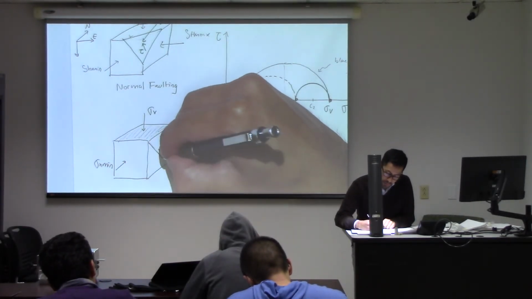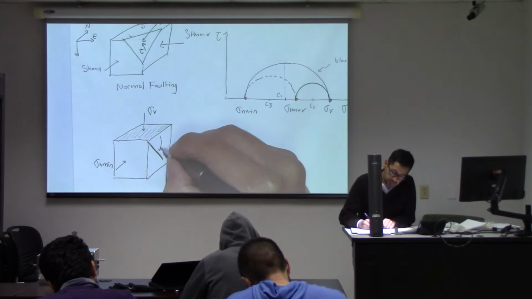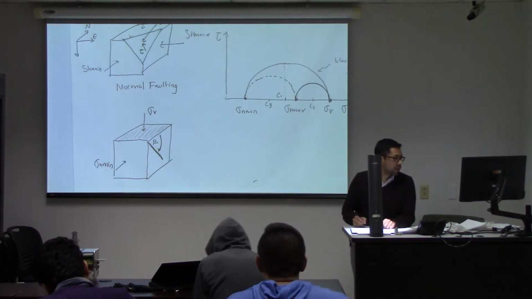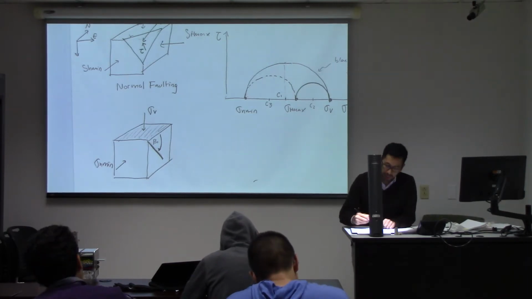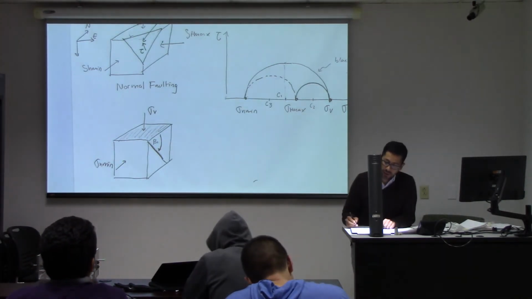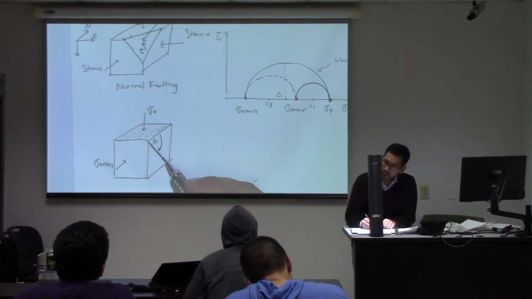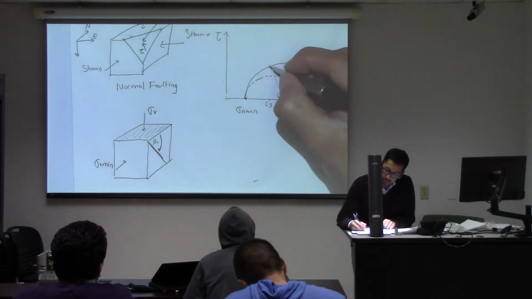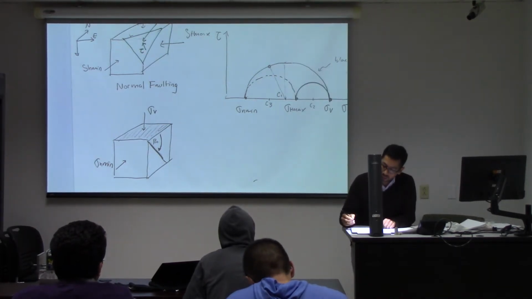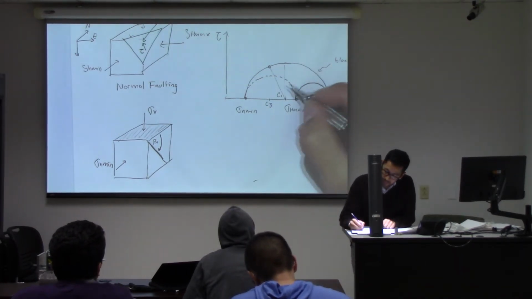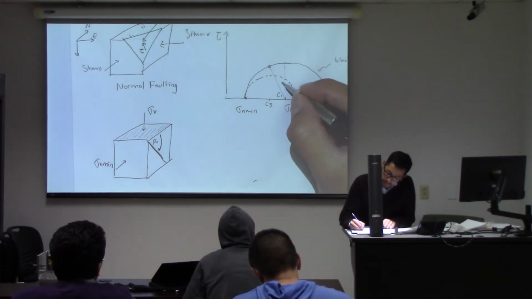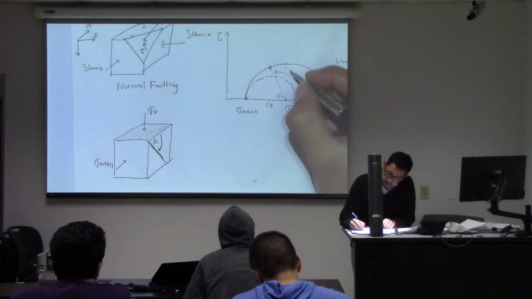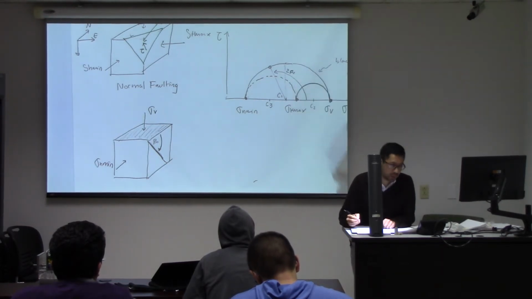So this one is going to be, if this is beta 1, that plane over here is a point in that circle where this angle over here is 2 beta 1.